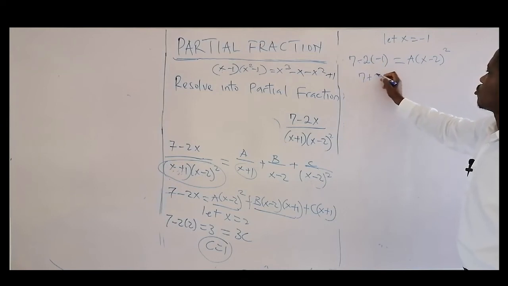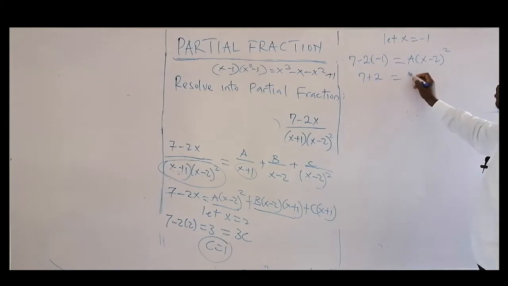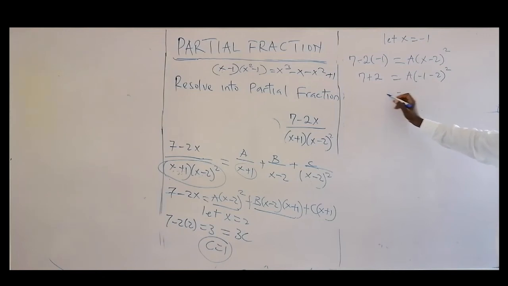That's 7 plus 2 equal to a into brackets minus 1 minus 2. And that's minus 3. This is 9. This is minus 3 squared. That's 9a. So a is what? A is also 1.